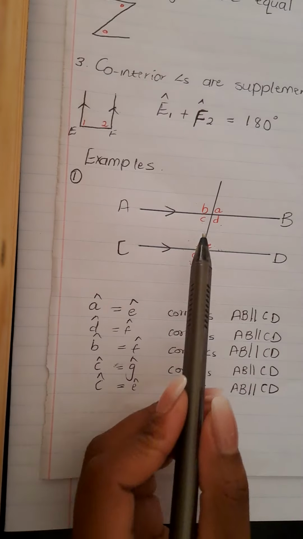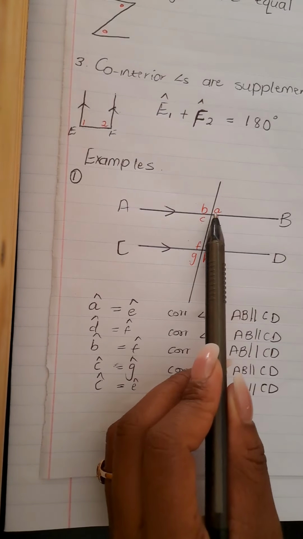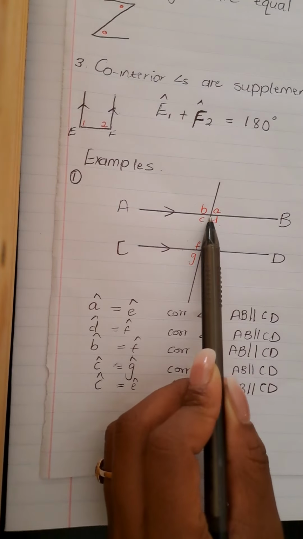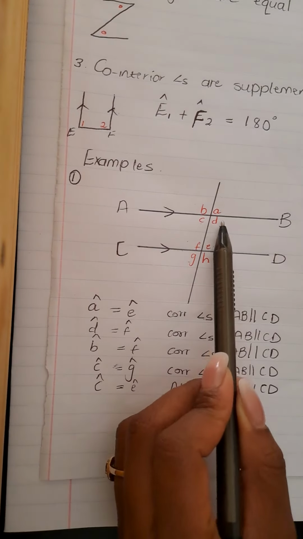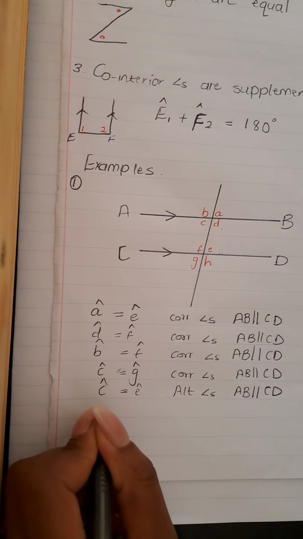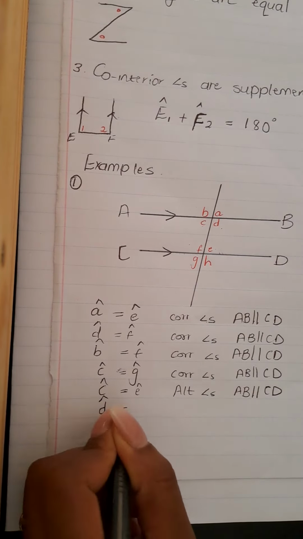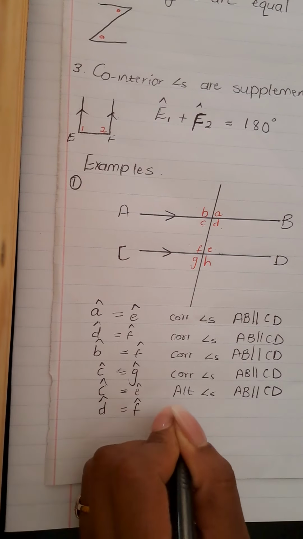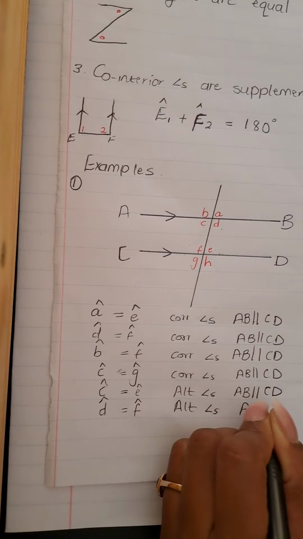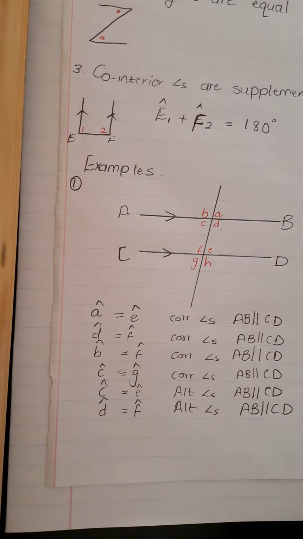And then if you follow my hand again, you are having a Z facing the other direction like this. That means angle D is the same as angle F. So angle D is equal to angle F, alternating angles, AB is parallel to CD.